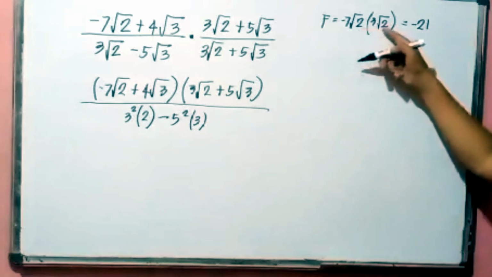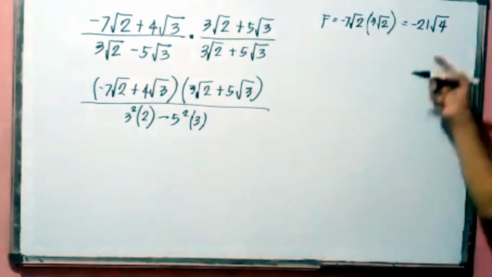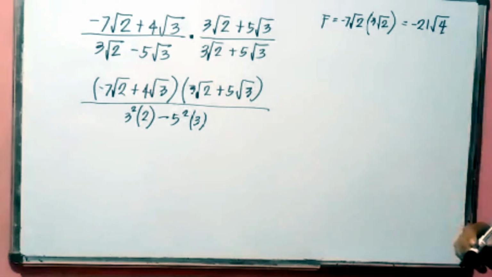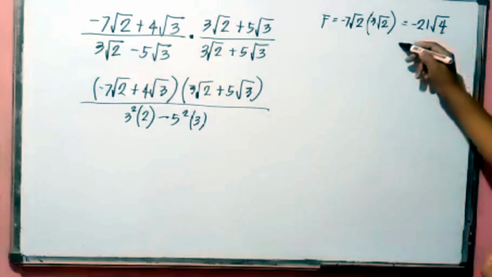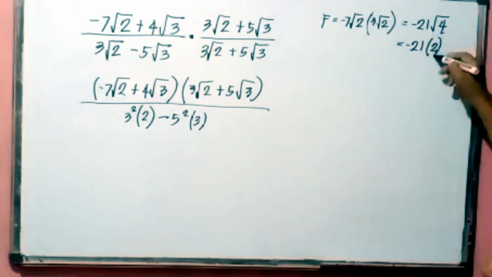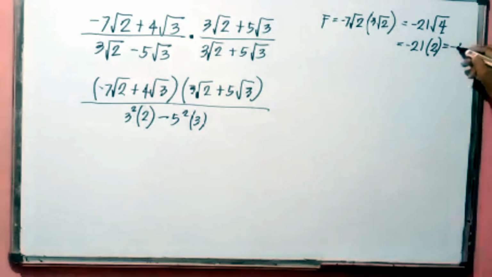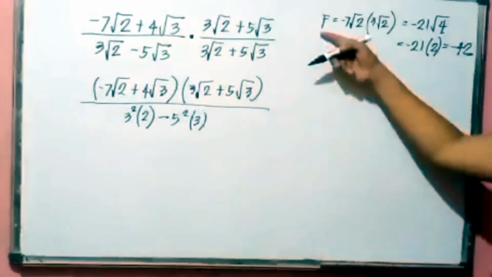Ngayon, 2 times 2, that is 4. Pero, yung square root ng 4, perfect square kasi yung 4. So, the square root of 4 is 2. So, negative 21 times 2, which is equal to negative 42. Okay, that's for the F.